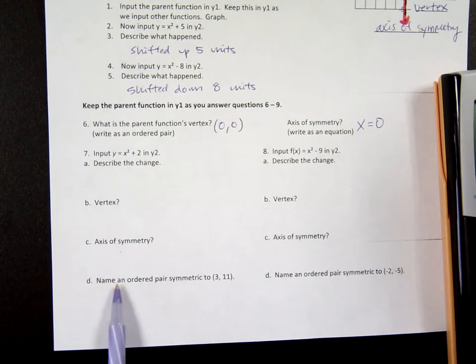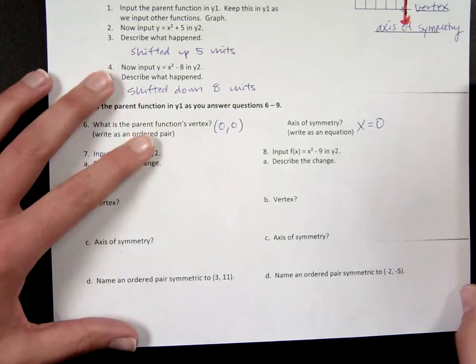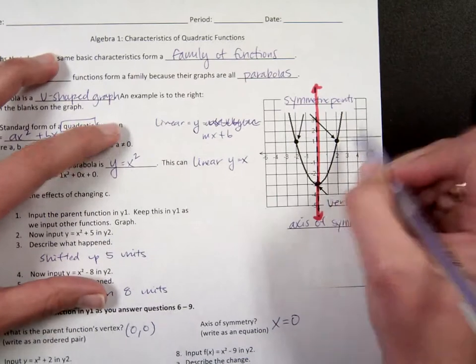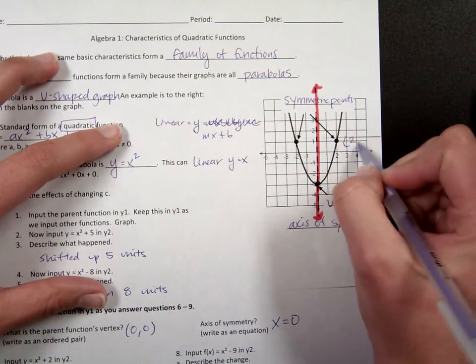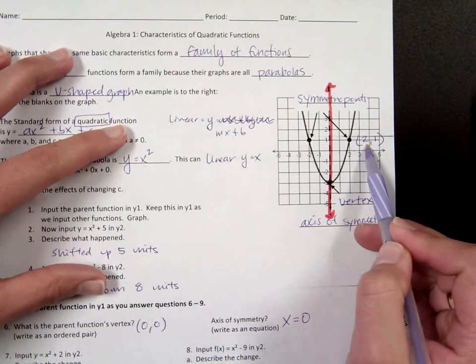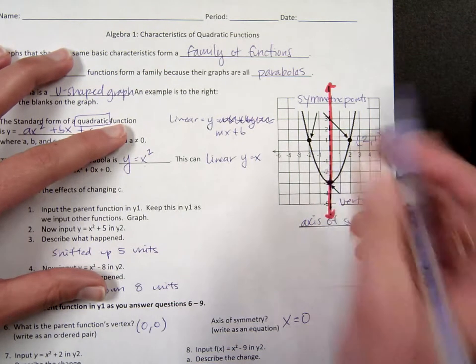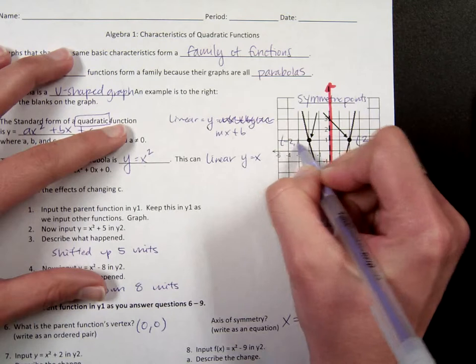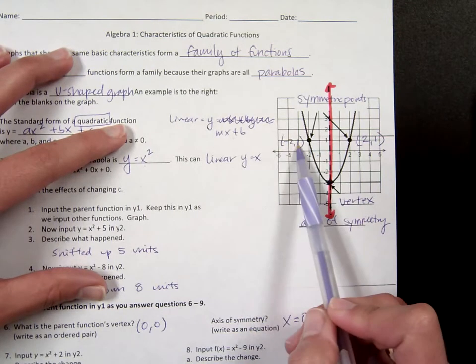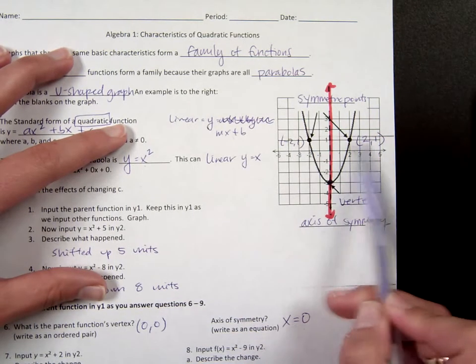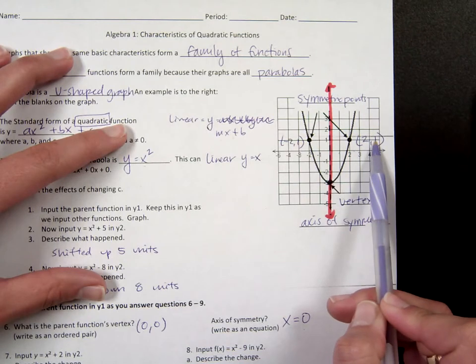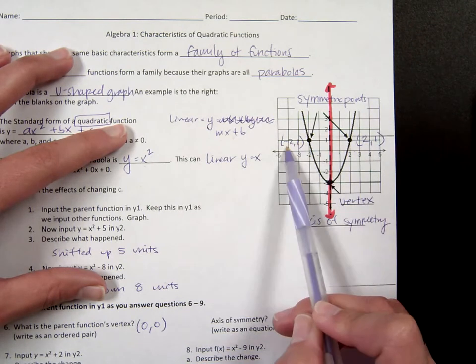And then I want you to tell me a symmetric point to the one given. So up here, if this is 2 comma 1, if I gave you that and said, what's the symmetric point? You would just go right over here and say, well, the one symmetric to that is -2, 1. So the symmetric points have the same y value, but different x values.